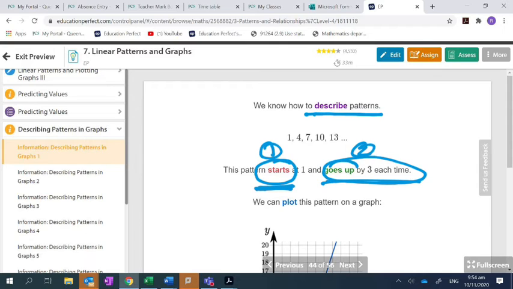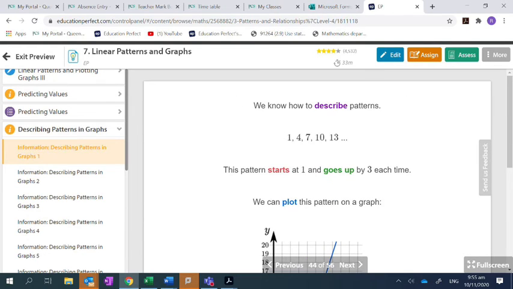Okay? And to do that, you could look at the number values. But you could also look at the pieces just straight from a graph, and that's what we haven't done. We've done these descriptions before when we did our patterns. We did them looking at the numbers or looking at pictures. Now we're going to do the same descriptions, but we're going to look at it using the graph. Okay? So let's look at the example that they have here.